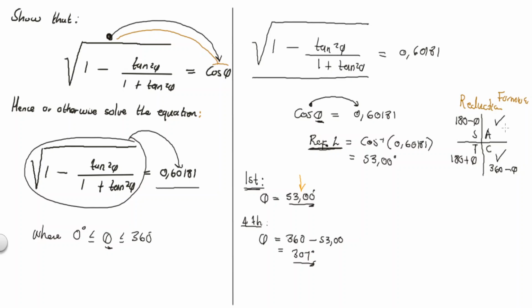In the first quadrant we don't have a reduction formula. We don't have any. So that is why we put the reference angle there. We take it as it is. If your solution is in the first quad, we take it as it is. We put the reference angle in the first quadrant. But in the fourth quadrant and the rest of the quadrants, you need to use 180 plus for the third, 180 minus for the second, and 360 minus for the fourth quadrant. That is why in the fourth quadrant I use 360 minus the reference angle.